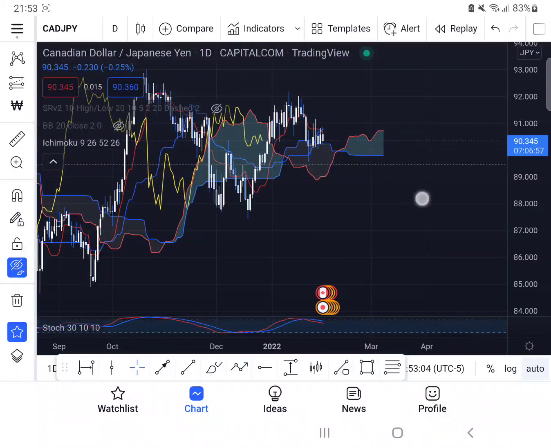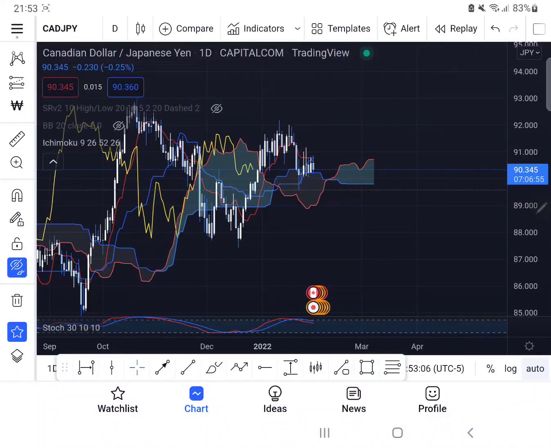In daily time frames, as you can see, the Kumo is fresh right now, the top of the cloud is fresh, and the base of the cloud is fresh. Alright, there is some golden cross over here.